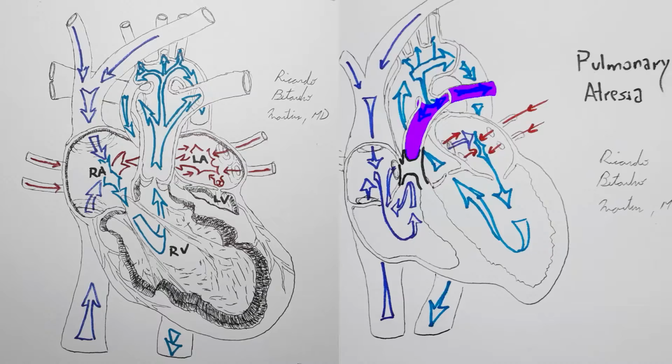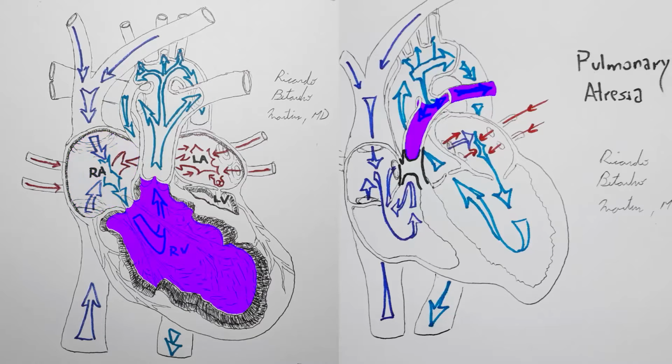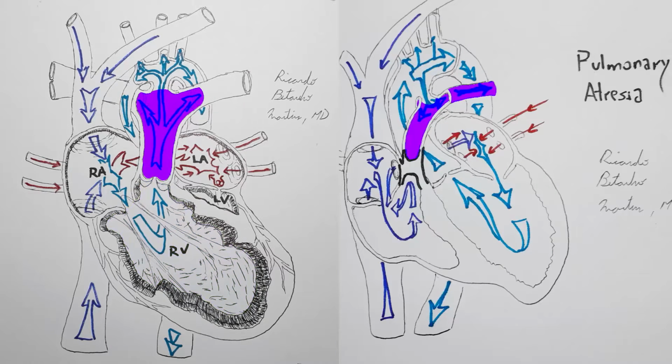And in hypoplastic left heart syndrome, we have the opposite. The blood that arrives in the left atrium can't go into the left ventricle and also can't leave through the aorta, and so it has no choice but to go into the right side of the heart, first through the right atrium, then be pumped into the right ventricle, and then into the pulmonary trunk.